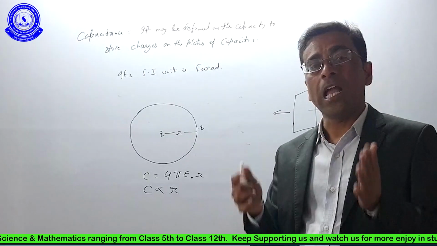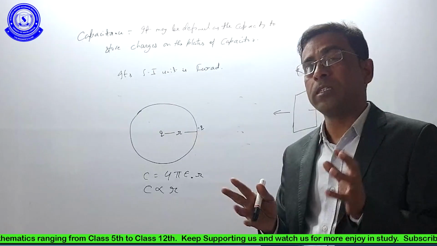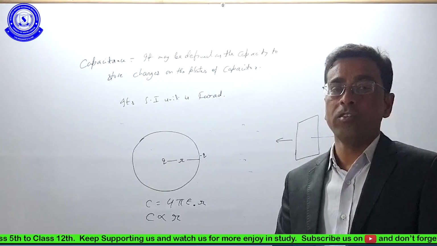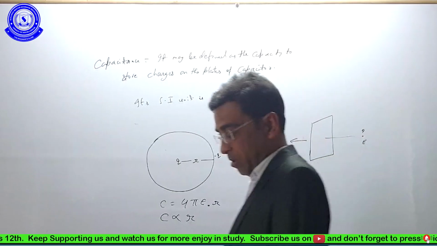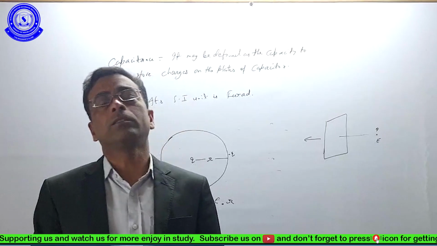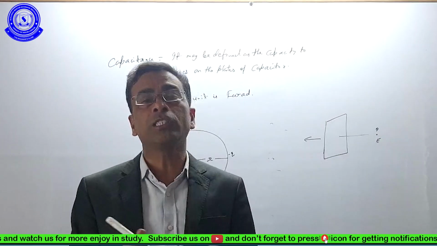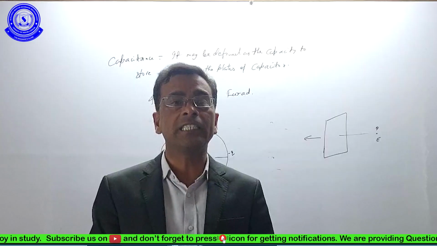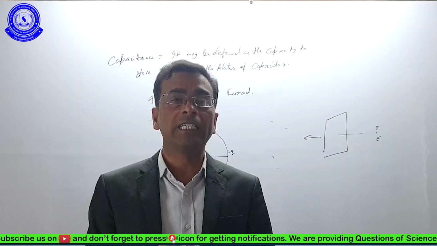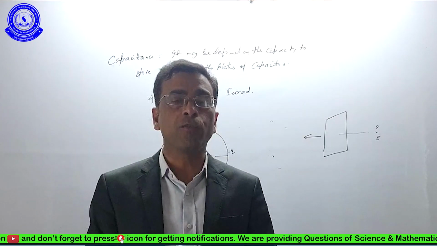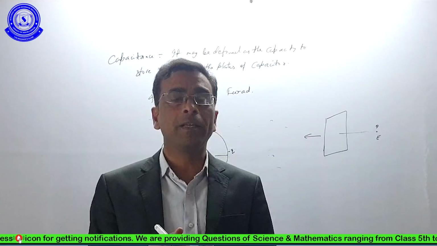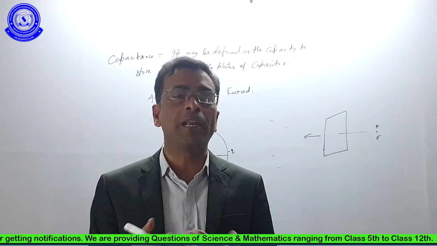We have to increase the radius. For this reason, we use the parallel plate capacitor, in the form of a cylinder, because for a cylinder we can find the maximum surface area for the parallel plates.